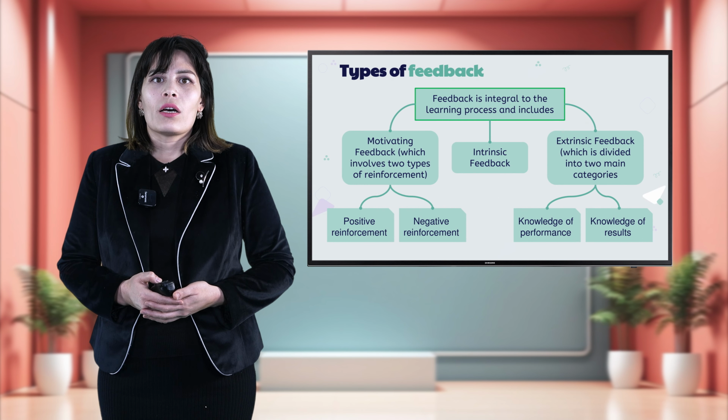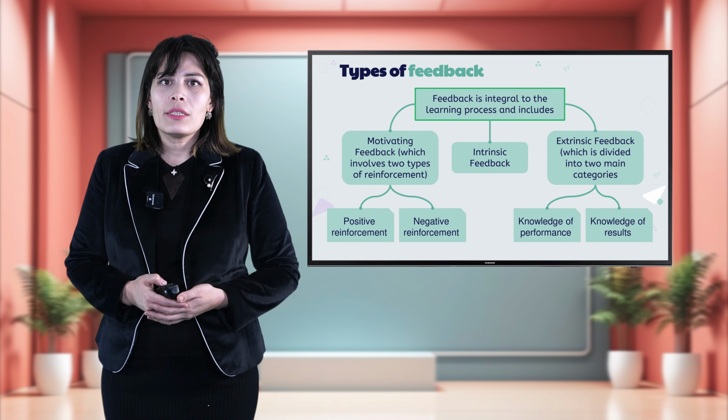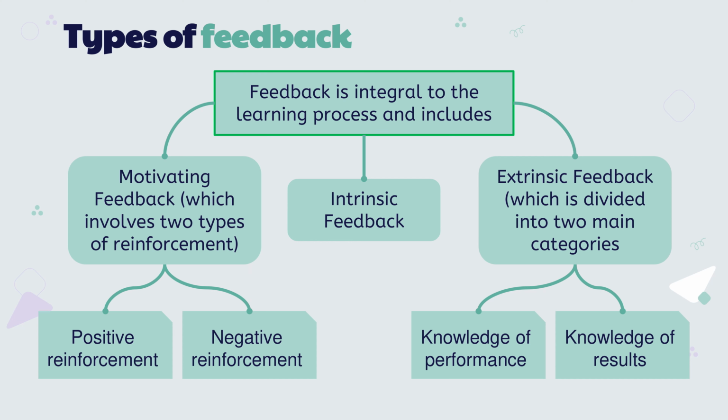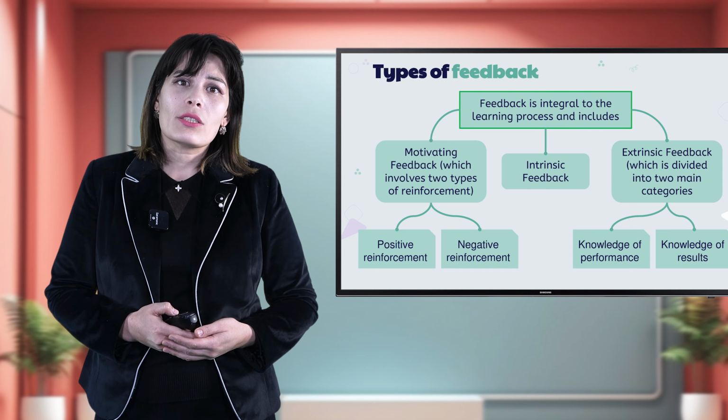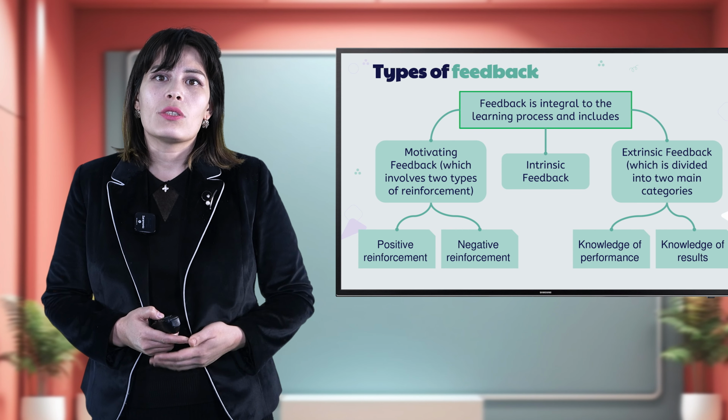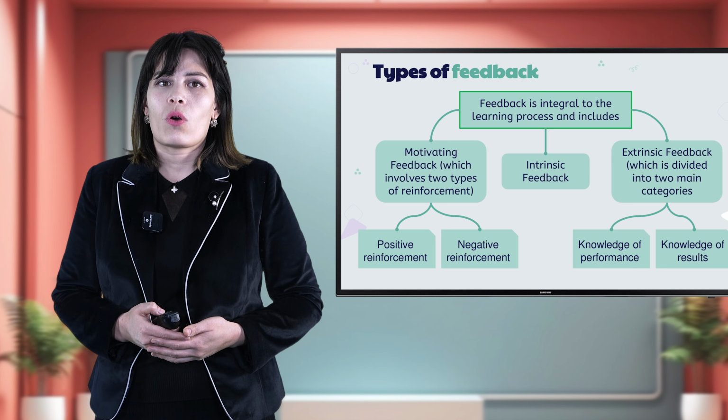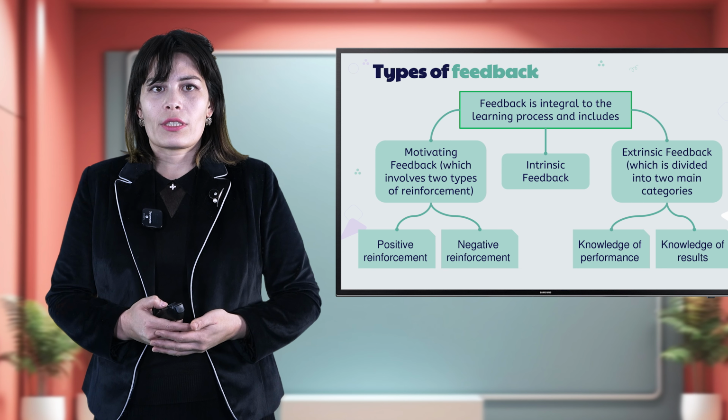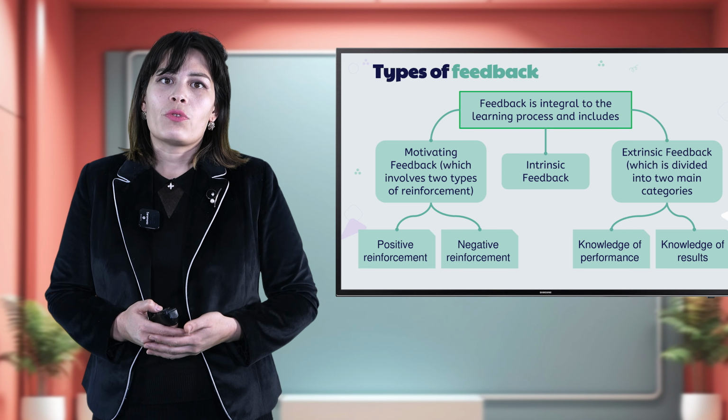You know that except these, we can see other types of feedback. They are intrinsic feedback, extrinsic feedback, and motivated feedback. Also, extrinsic feedback is divided into two main categories, which are called knowledge of results and knowledge of performance.